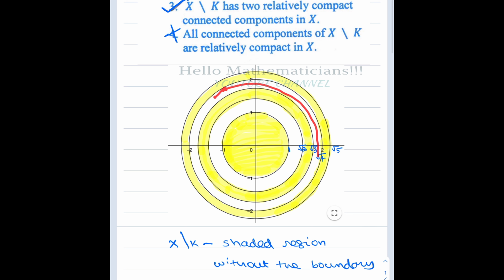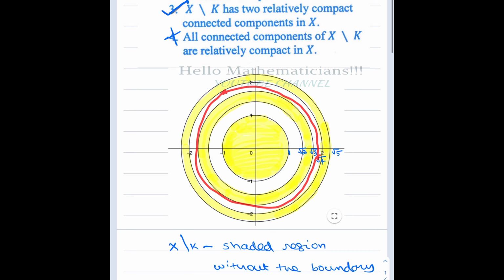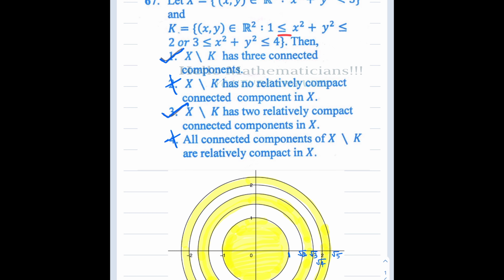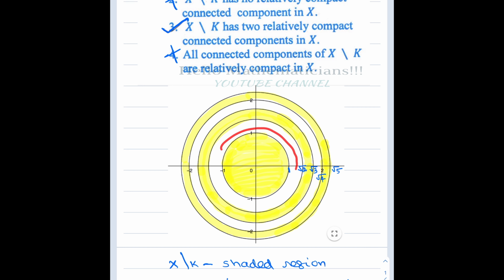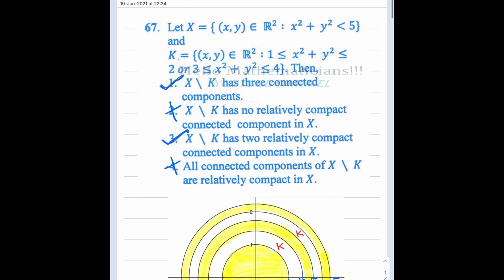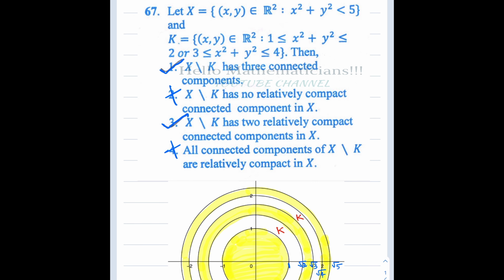Since there is less than or equal to in both places, these white regions include their boundary circles, also included in K. K consists of all (x, y) satisfying this condition or this condition.